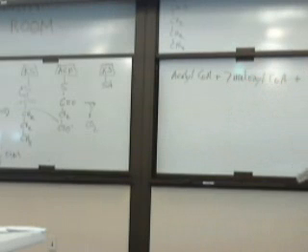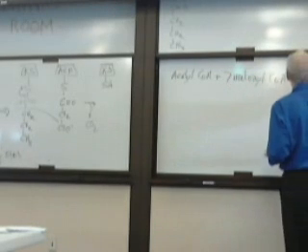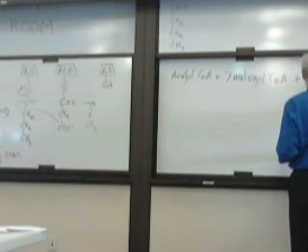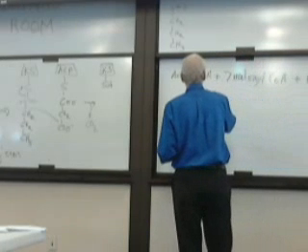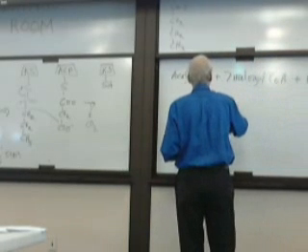Each cycle requires 2 NADPHs, so that's a total of 14 NADPHs required. There's 14 protons involved here, and this is going to make our molecule of palmitate.